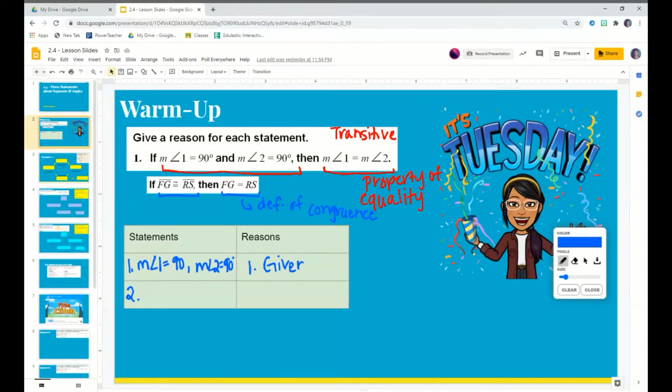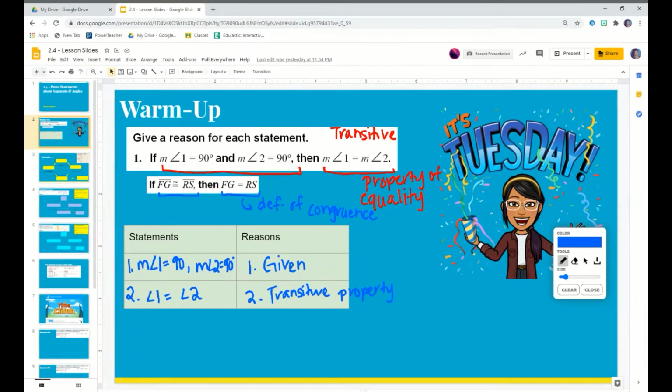And let's say my reason for this is given. That's just something that I already know. The fact that they're both 90 degrees isn't coming from anything else. So because they're both equal to 90, then I can say the measure of angle 1 is equal to the measure of angle 2 because of the transitive property.